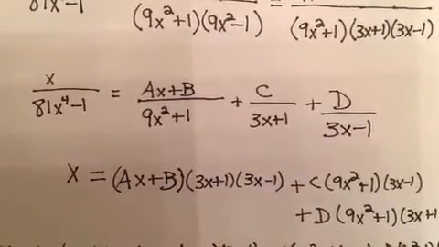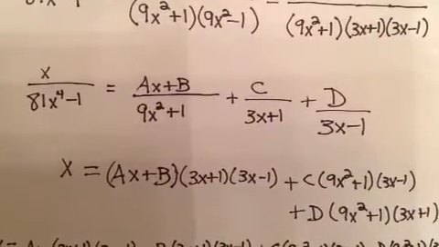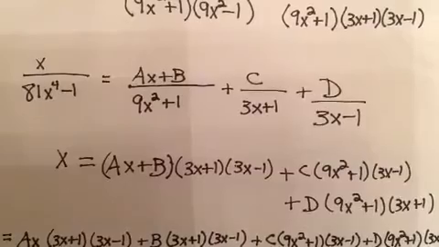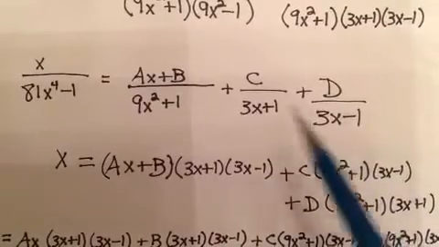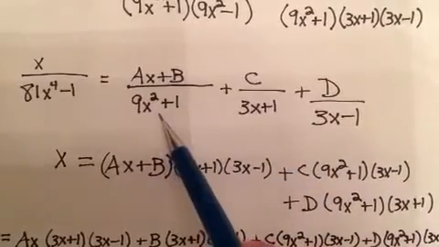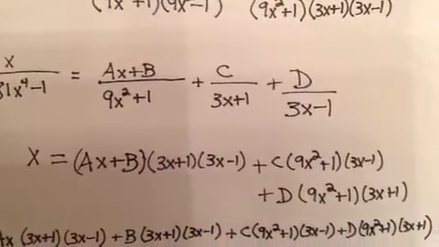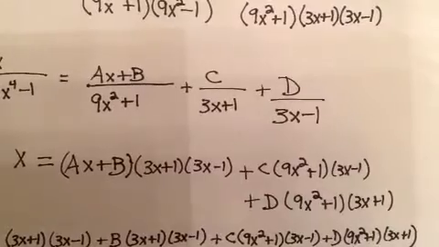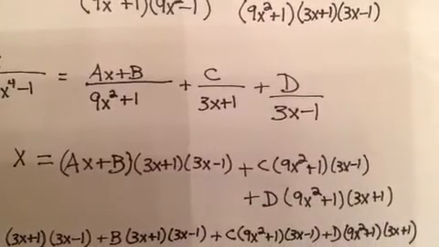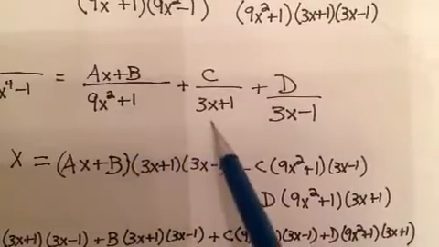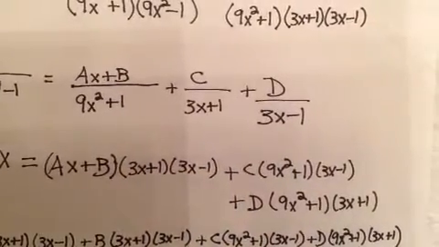The 9x squared plus 1 terms are going to cancel. So we have ax plus b times 3x plus 1 times 3x minus 1. And c is going to be multiplied by both 9x squared plus 1 and 3x minus 1. And in the case of d, which is over 3x minus 1, we will have this multiplied by 9x squared plus 1 and 3x plus 1.